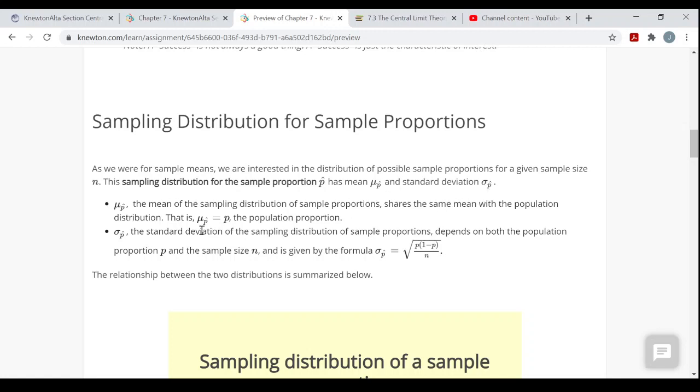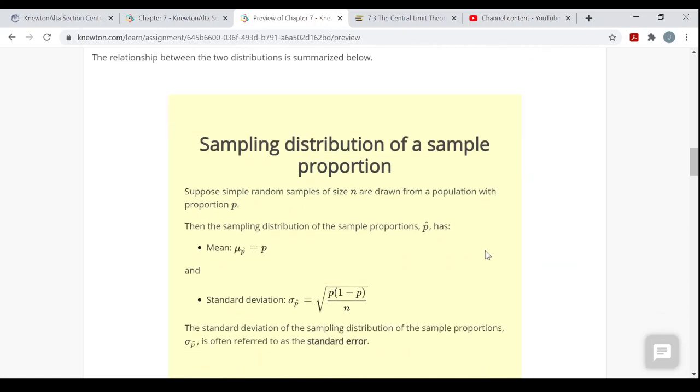And what you're going to find is that the mean of all the sample proportions will be equivalent to the population proportion, P. And the standard deviation of all sample proportions will be the square root of the population proportion times 1 minus the population proportion divided by the size of your samples, all under the square root. You could call it PQ over N or P times 1 minus P over N.